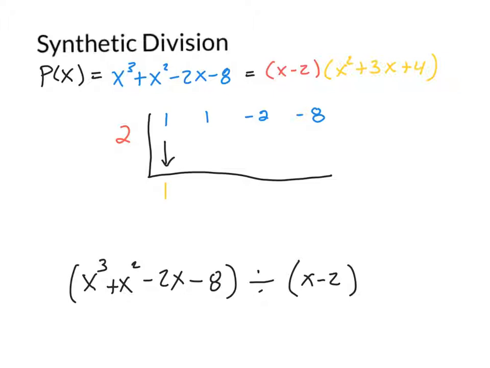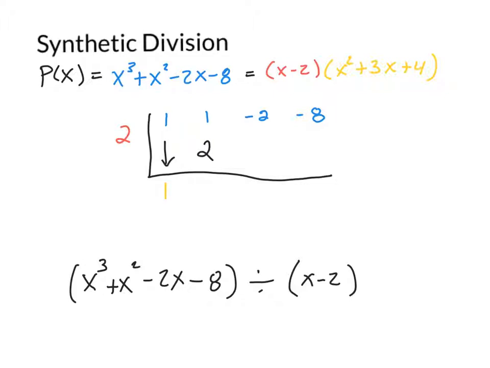Okay, so in this spot right here, I'm going to get a 2 times 1. Right, so 2 times 1, I know what that is. That's 2. So let's go ahead and erase our 2 times 1, and we know that that's a 2.